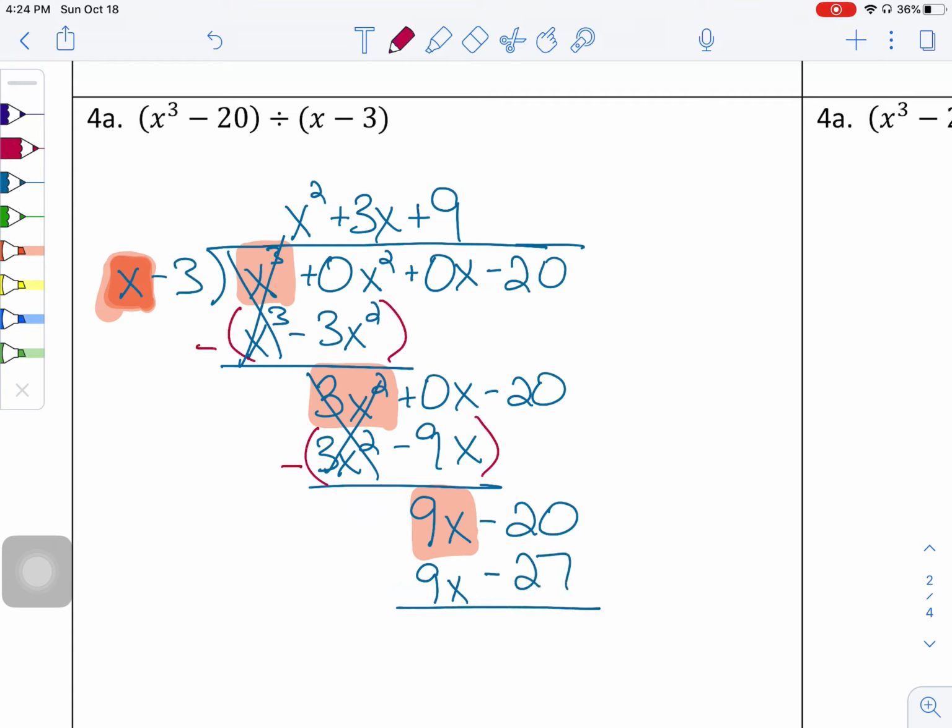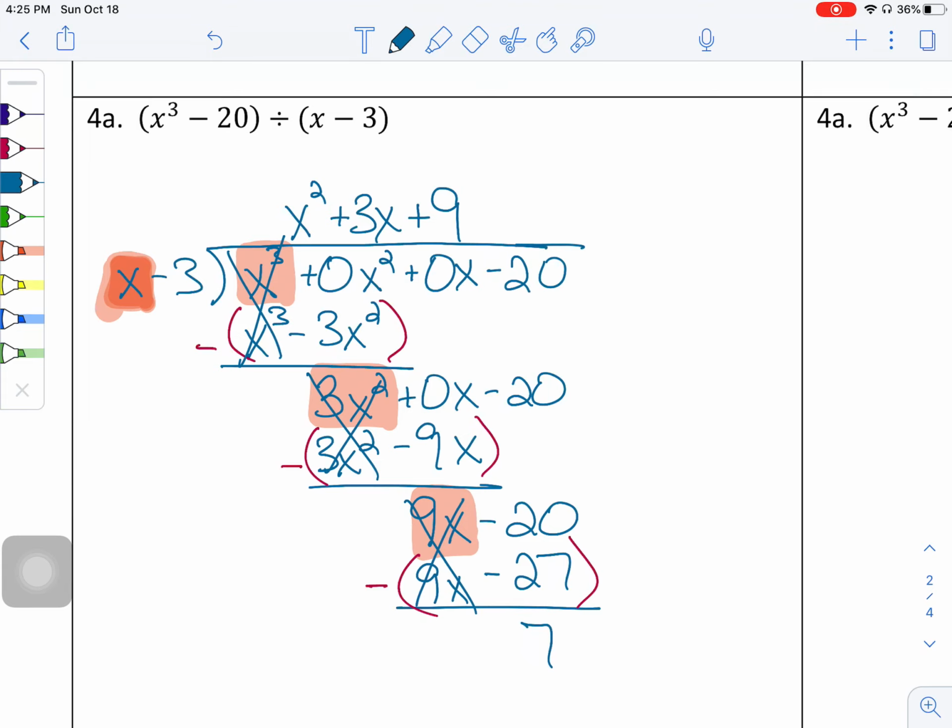But I need to now subtract both pieces here. So 9x minus 9x, yep, that cancels out like it should. Then we've got negative 20 minus negative 27. Be really careful when you have all those negatives going on. What you really have here is negative 20 plus 27. If you want to distribute, you could see it that way. And so that gives me just 7.